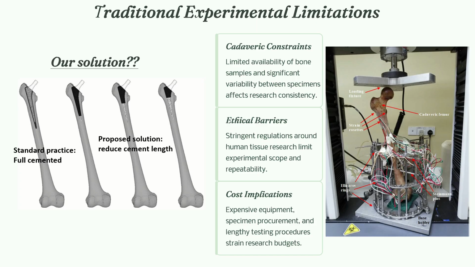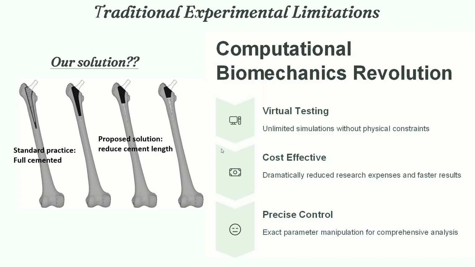And finally, experiments require expensive equipment, specimen procurement, and lengthy procedures, which place a heavy strain on the research budget. With computational biomechanics, we can run unlimited simulations at lower cost, faster speed, and with more control.